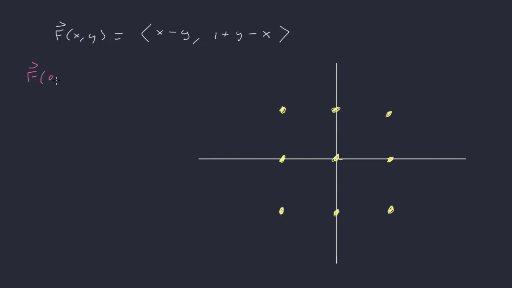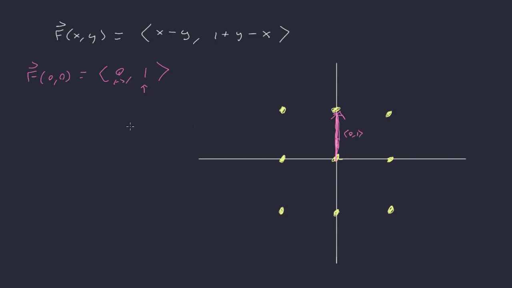When we plug in the point 0, 0, we'll get 0 here for x and y, and 0 here for x and y, so we'll get the vector 0, 1. So we're not going out at all, left or right, but we're going up 1. So we get this vector here.